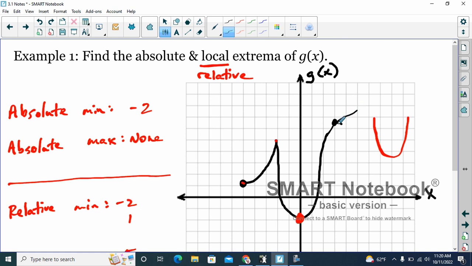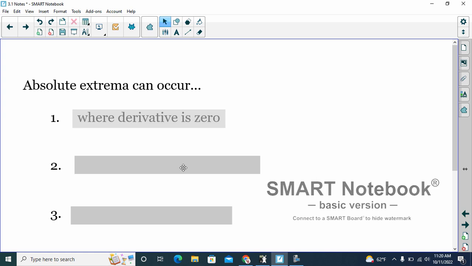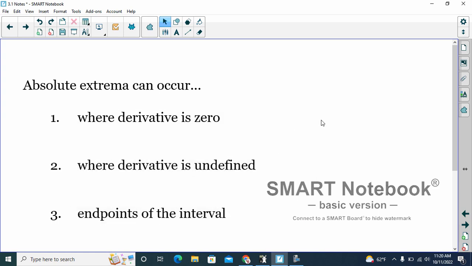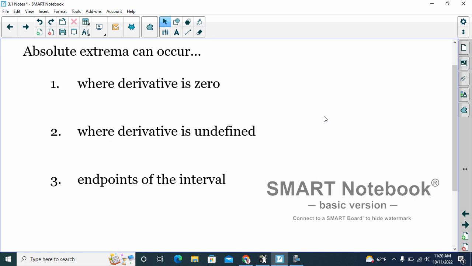Maybe the graph continues on, but I'm looking at just that interval. So that third option is the endpoint of the interval. We could have absolute extrema where the derivative is 0, where the derivative is undefined, or at one of the endpoints of the interval.